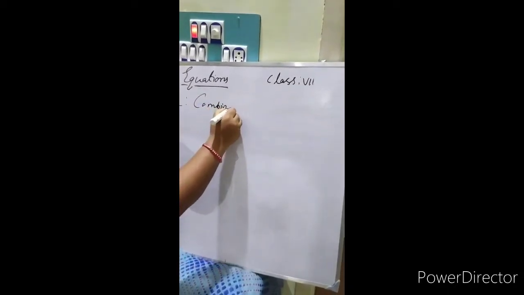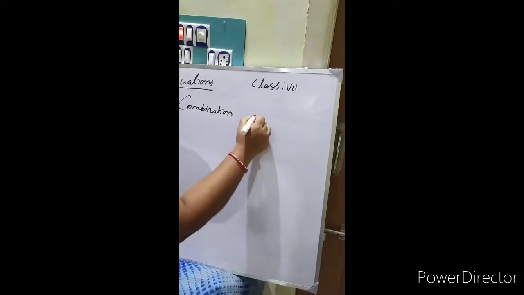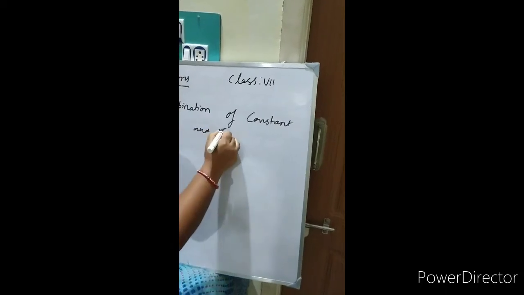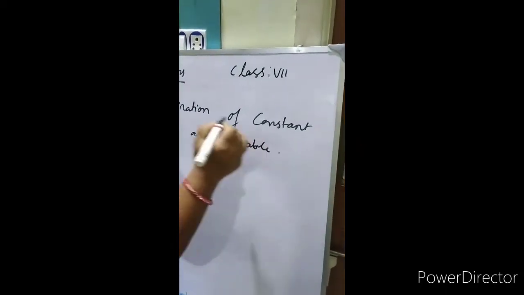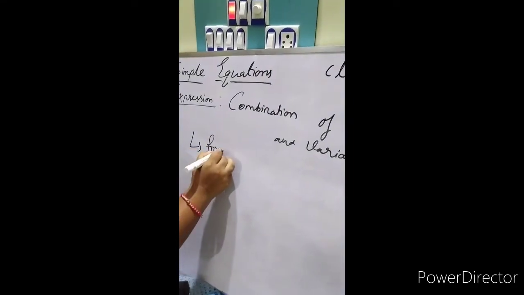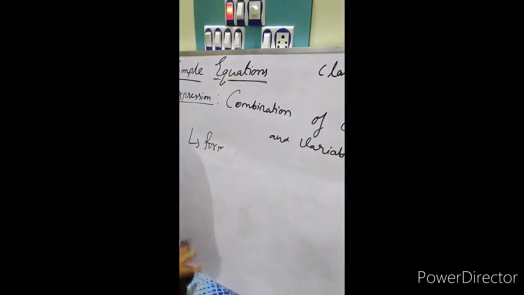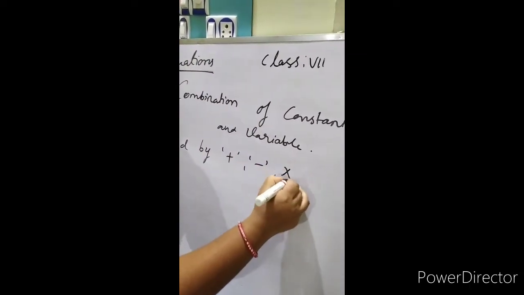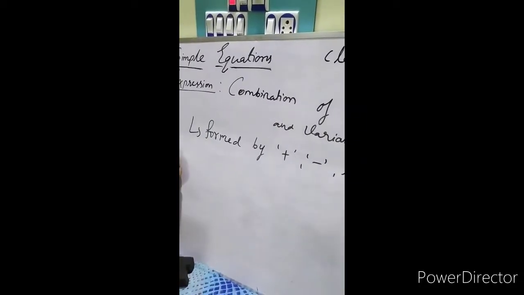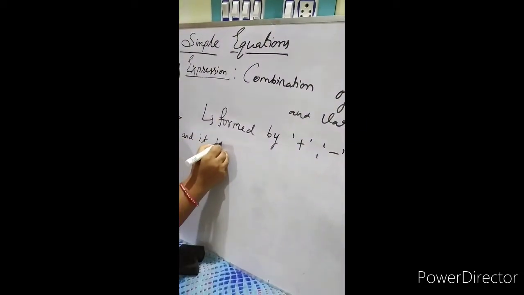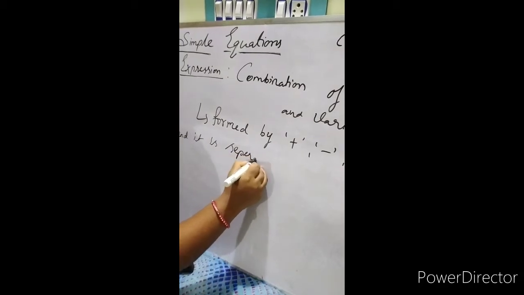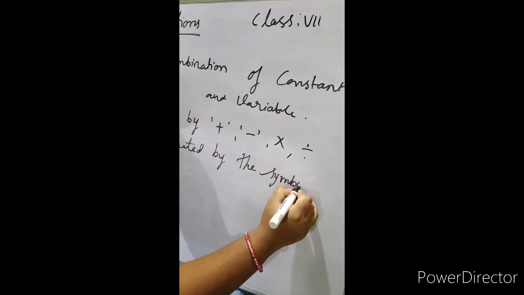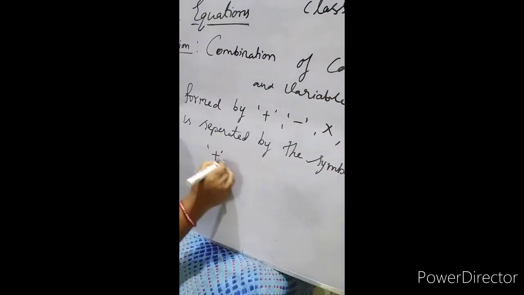A combination of constant and variable, which is formed by the mathematical operations plus, minus, multiply and division, and it is separated by the symbols, so plus and minus.